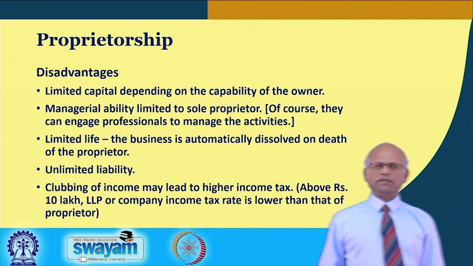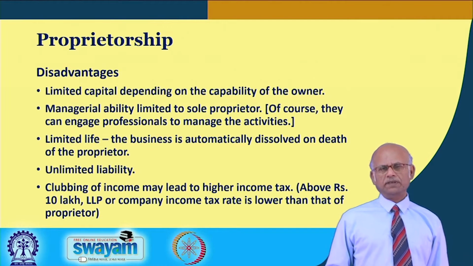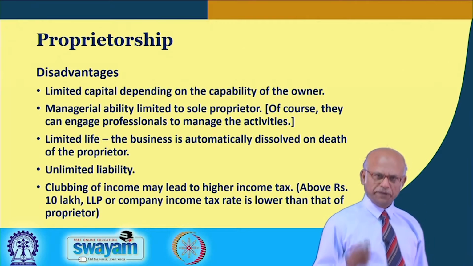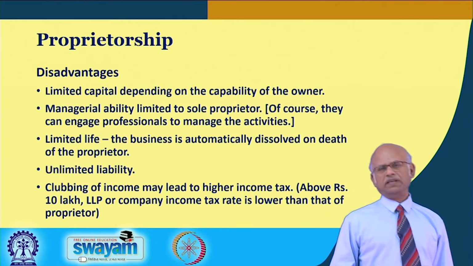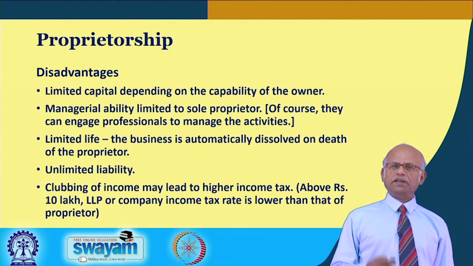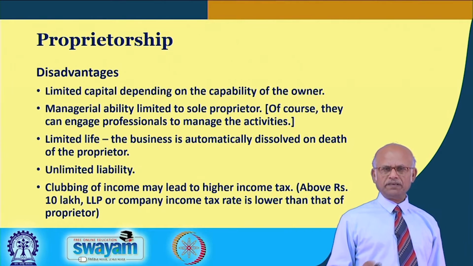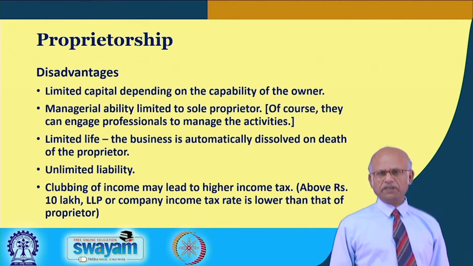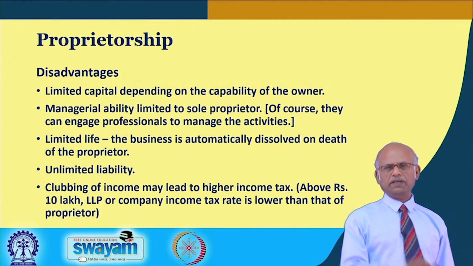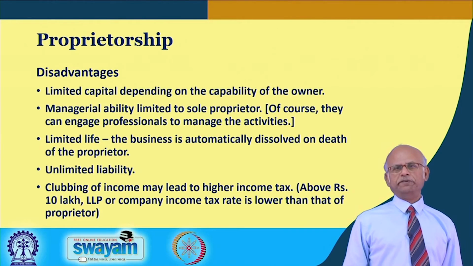Very importantly, the clubbing of income of the business and the proprietor, and paying tax as an individual, sometimes is disadvantageous, because had it been a company, then beyond 10 lakh rupees of income, the rates are favorable for companies and not so favorable for individuals.